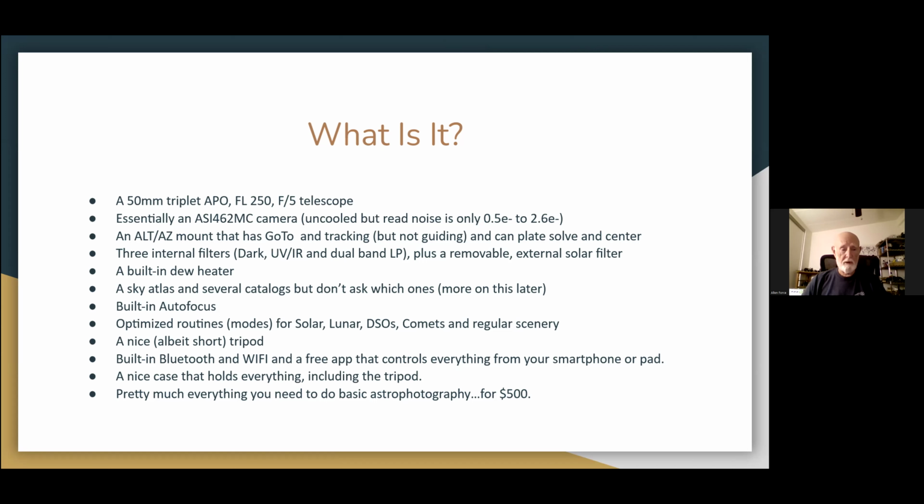It has a very nice, albeit short, tripod that comes with it, and it's very well made. It's got built-in Bluetooth and Wi-Fi. There's a free app that controls everything you do from your smartphone or pad, and it works with iOS and Android.